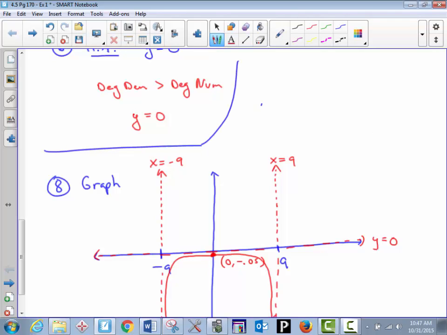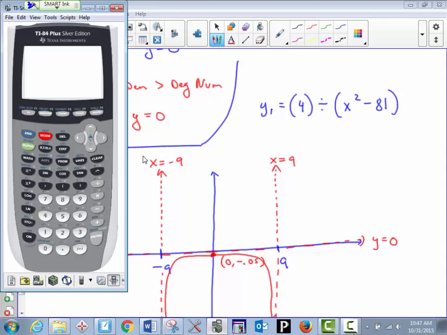So if we're going to plug our original function into y1, we need to make sure to put the 4 in parentheses and the x squared minus 81 into parentheses. So 4 divided by, and then x raised to the second, minus 81.